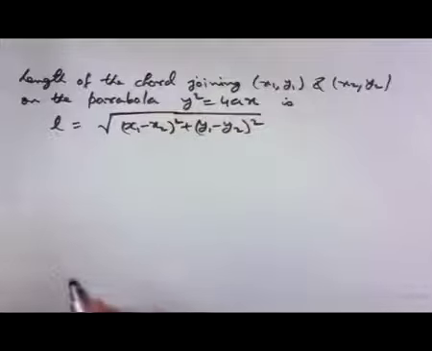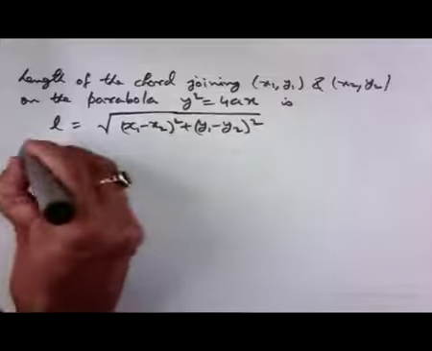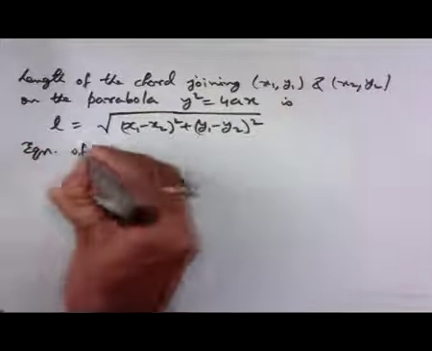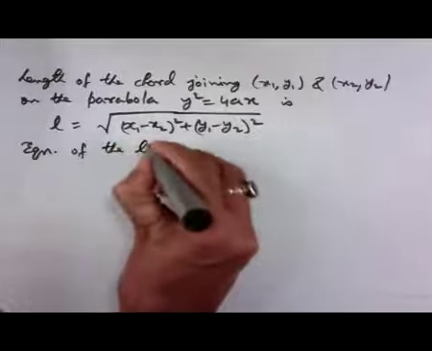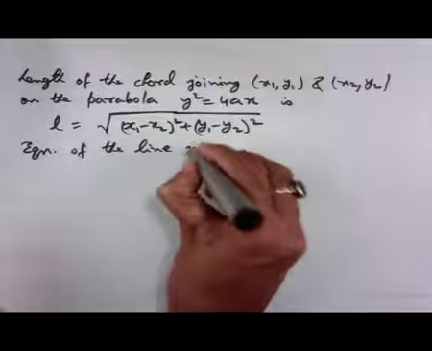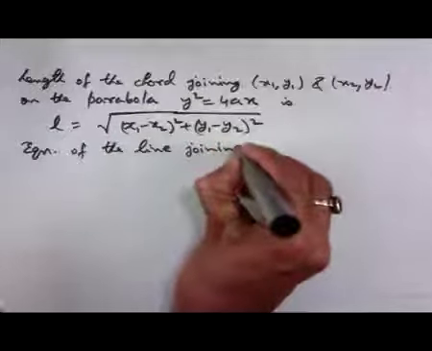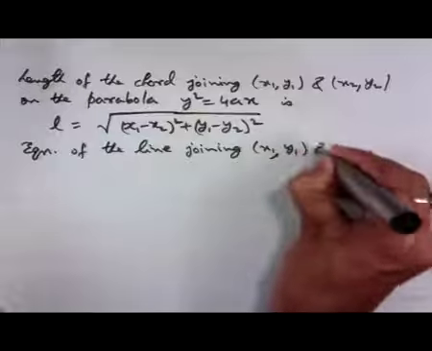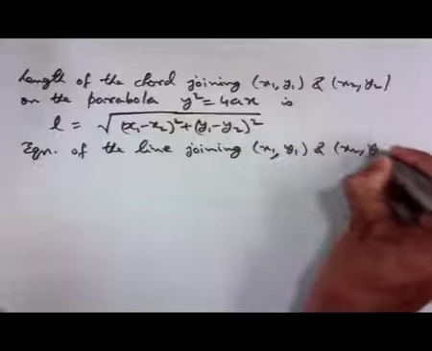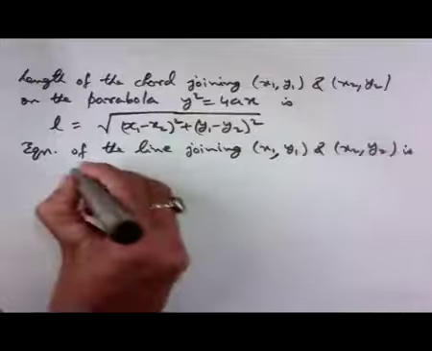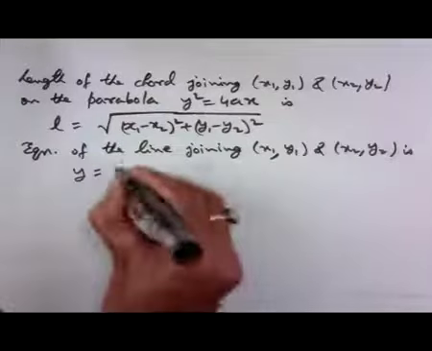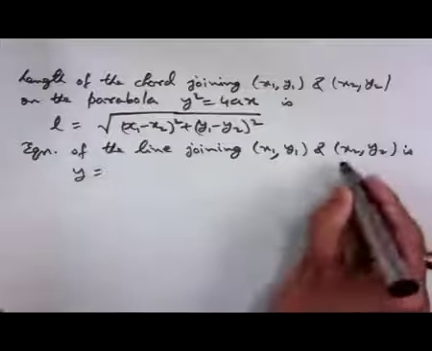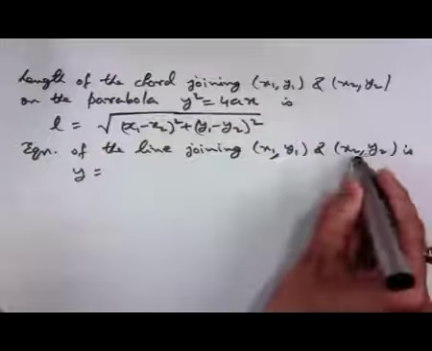Now, what we know is that the equation of the line joining x 1 y 1 and x 2 y 2 is y equal to, the slope m here is.